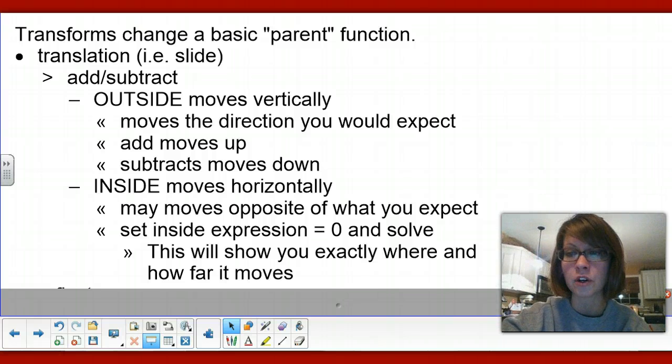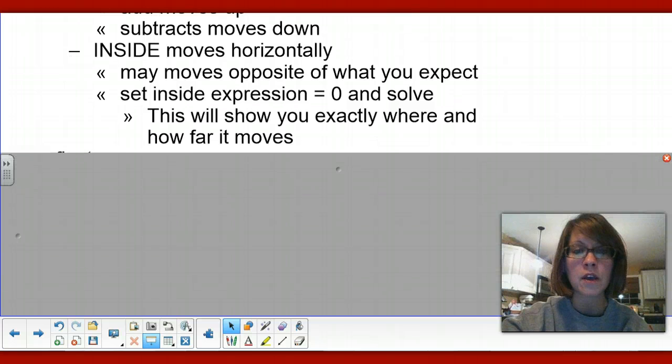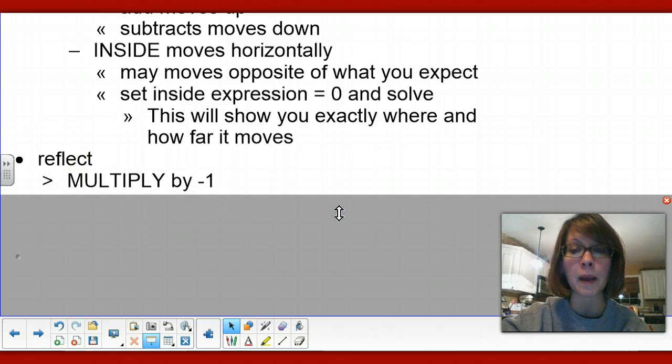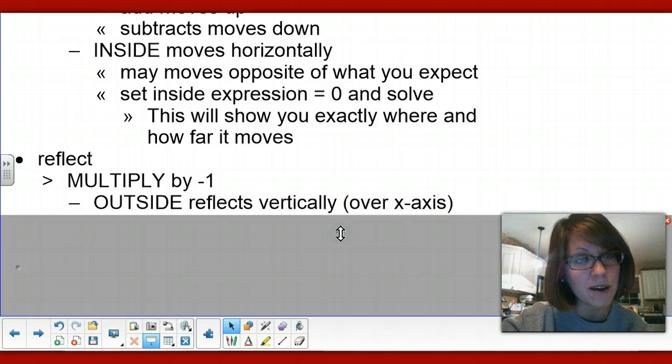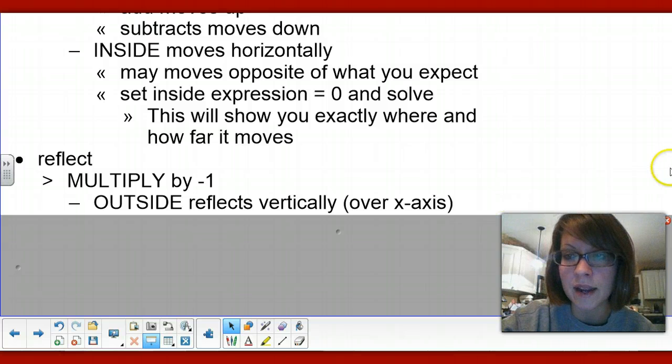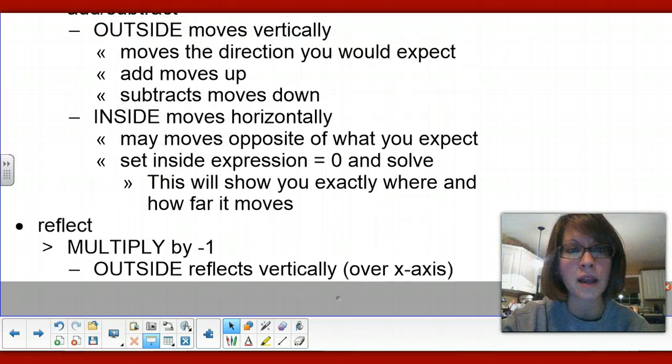Okay, the other transformation that you may be held responsible for is reflections. And to reflect, that always involves multiplying by a -1. If you multiply by a -1 outside, it reflects vertically. I want you to see that connection. Adding or subtracting outside shifted vertically.